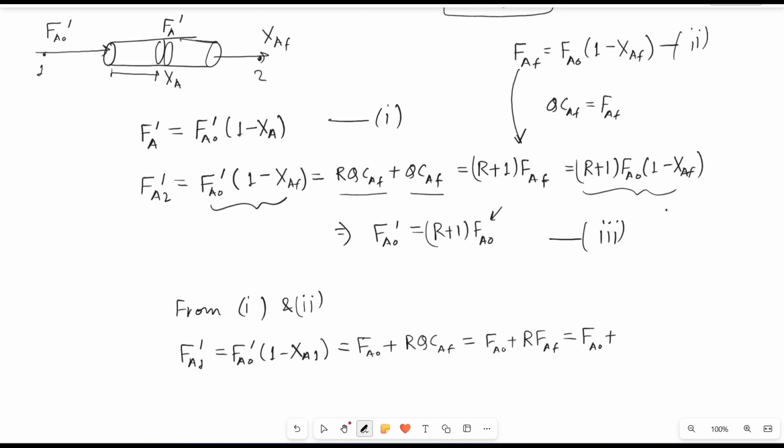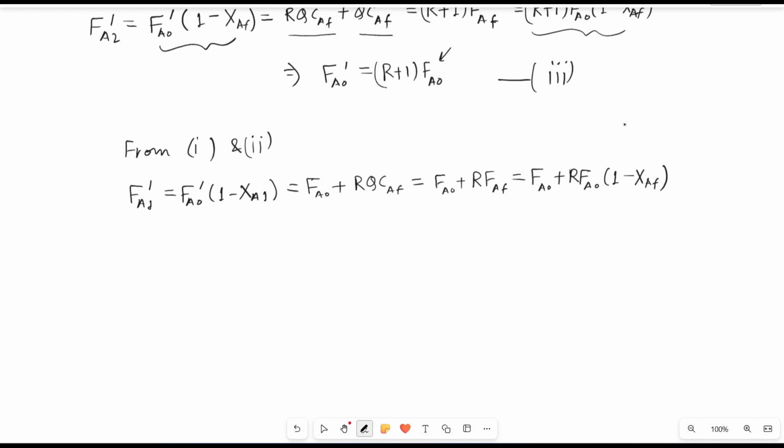R times FAF is FA naught (1 minus XAF). Now, relating these two expressions, dividing by FA naught prime (1 minus XA1), my target is to find XA1.